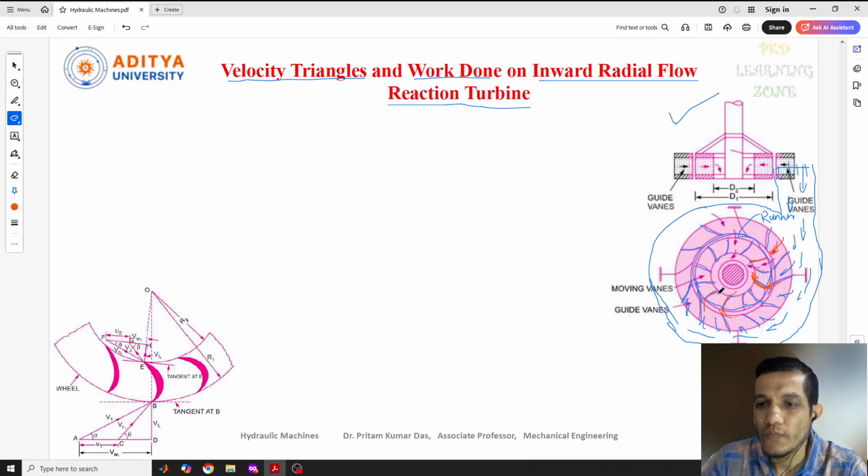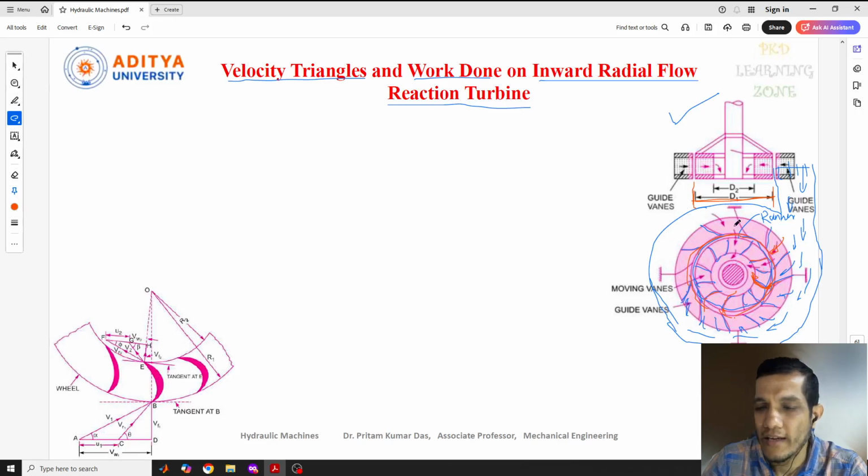What I mean to say is that the outer periphery, or outer diameter, you can see this one. This is the outer diameter of the runner, diameter d1, which is nothing but the outer diameter.